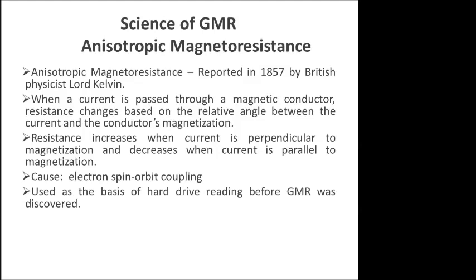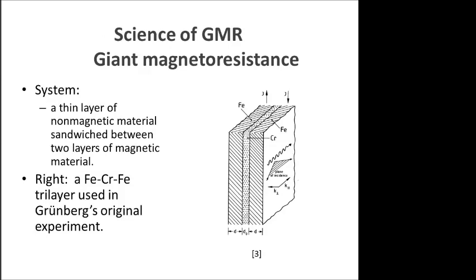This is because of electron spin-orbit coupling, and it was used as the basis of hard drive reading before giant magnetoresistance was discovered. The same property has been used in hard drive reading.